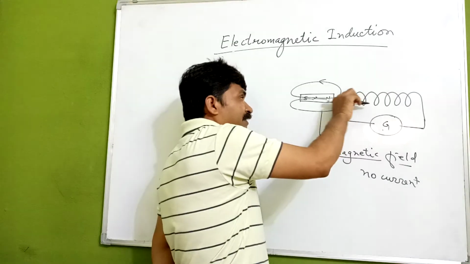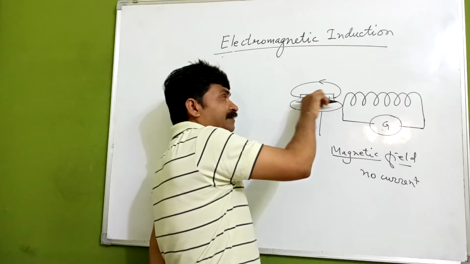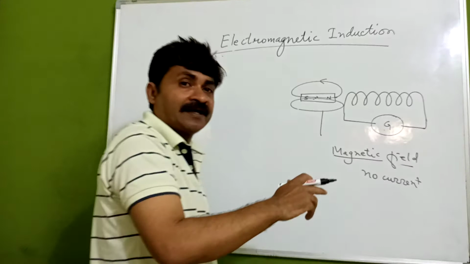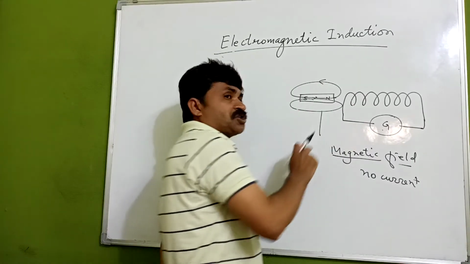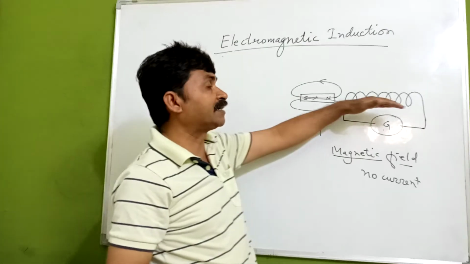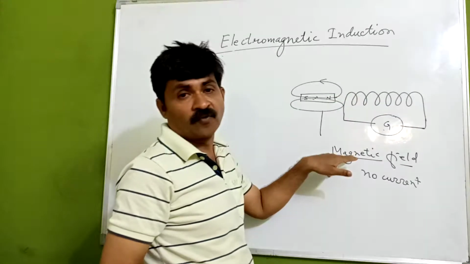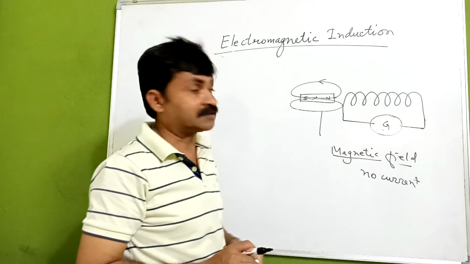Now if we bring the coil toward this magnet, again there is a change in the magnetic field lines, and an EMF is again induced in this coil. This causes a current to flow, but the direction of the current will reverse.